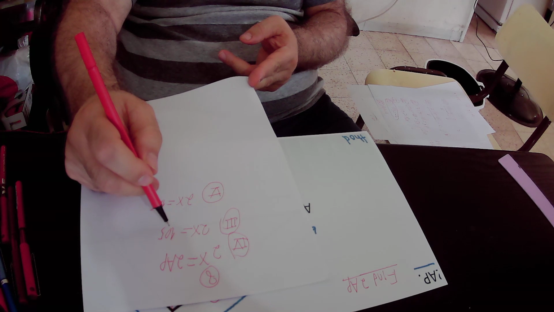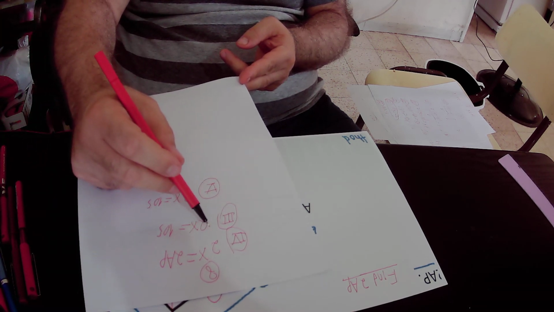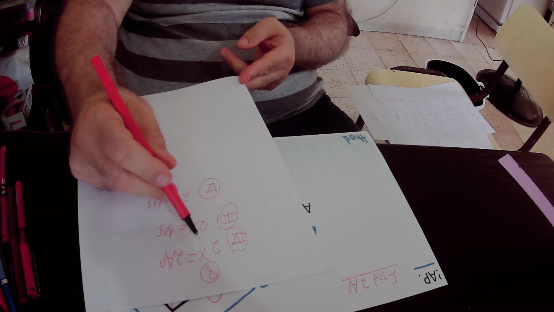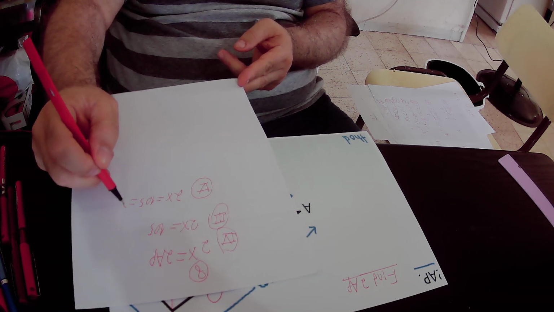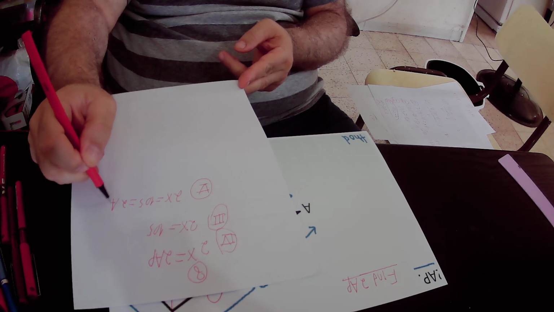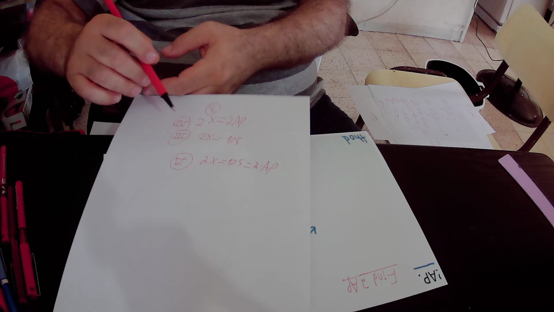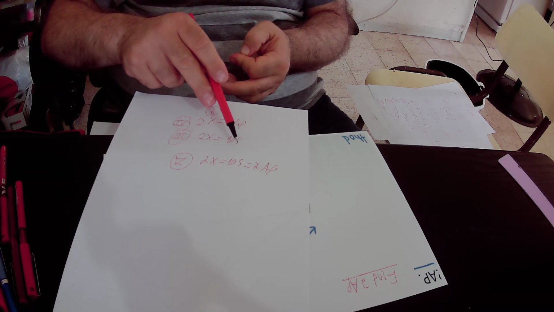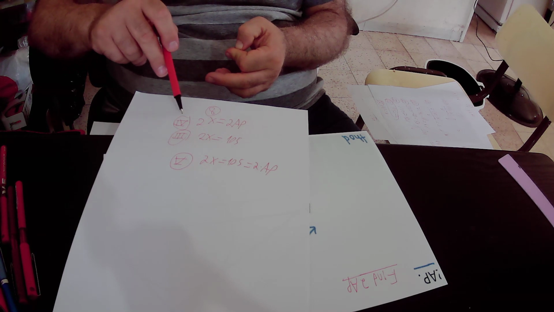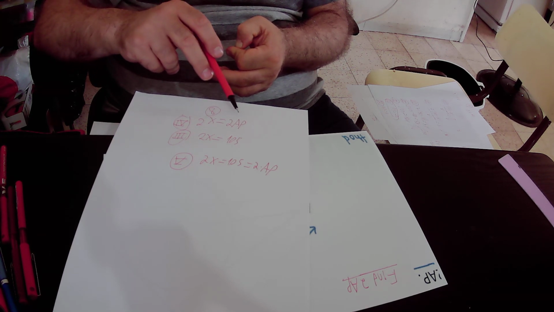According to the third equation, 2 times x equals 105, but according to the fourth equation, 2 times x equals 2 times AP.